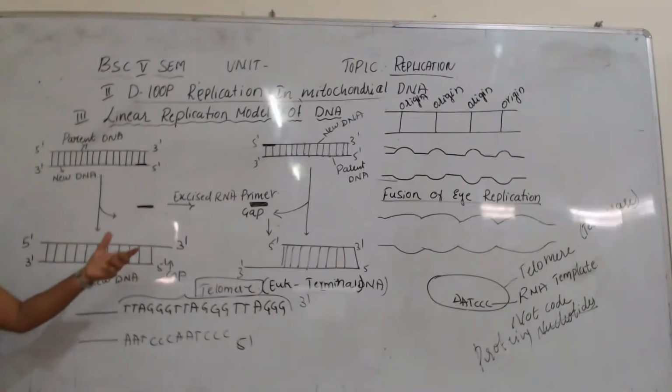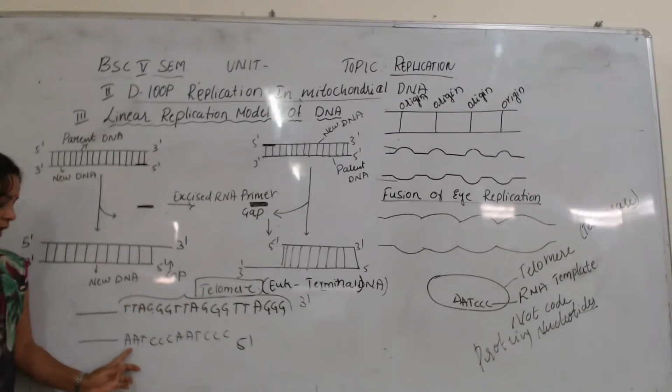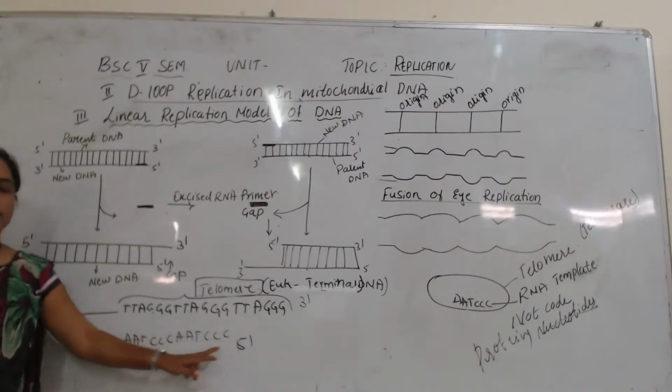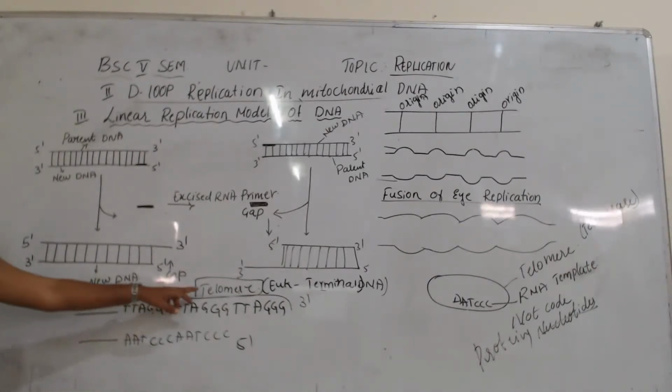So what happened? The telomerase enzyme carries an RNA template with the sequence AATCCC. The enzyme adds TTAGGG one after another to the 3 prime, and the AATCCC template guides this. Thus, telomerase functions as a reverse transcriptase enzyme.